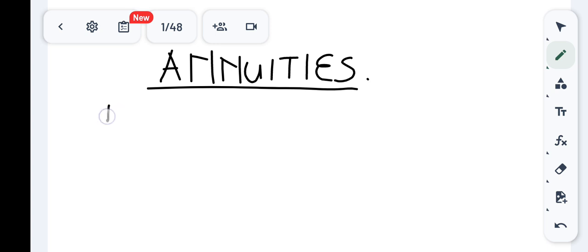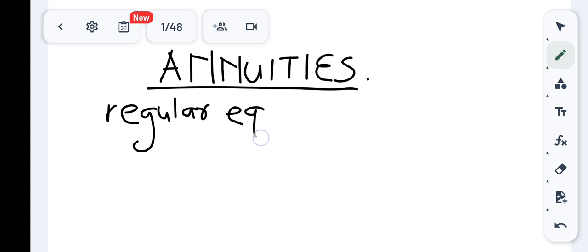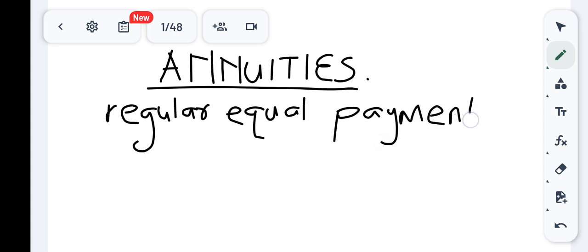Regular equal payments over time. What are we saying in this case? Let's say I want to save so that I can achieve a certain amount of money in future, or after a certain period of time.